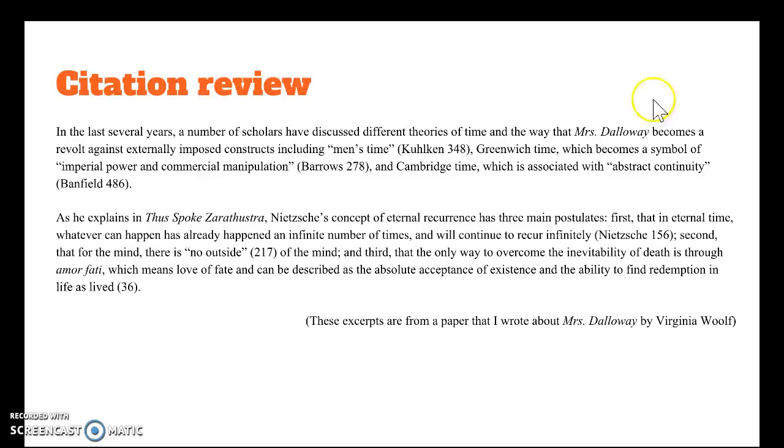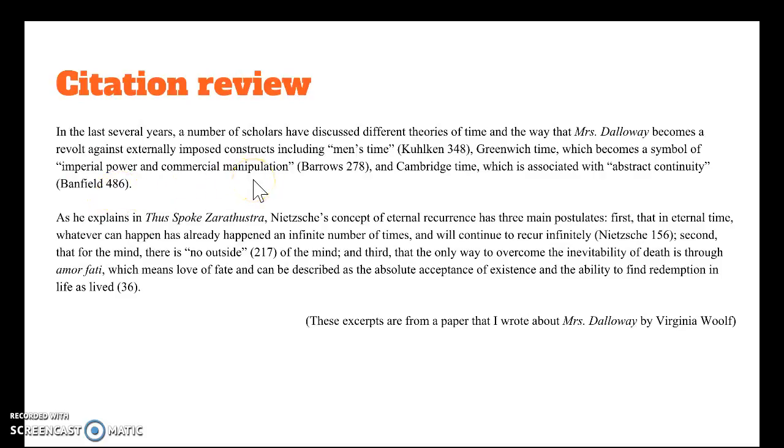It says, "In the last several years, a number of scholars have discussed different theories of time and the way that Mrs. Dalloway becomes a revolt against externally imposed constructs, including men's time, Culkin 348, Greenwich time, which becomes a symbol of imperial power and commercial manipulation, Barrow's 278, and Cambridge time, which is associated with abstract continuity, Banfield 486."